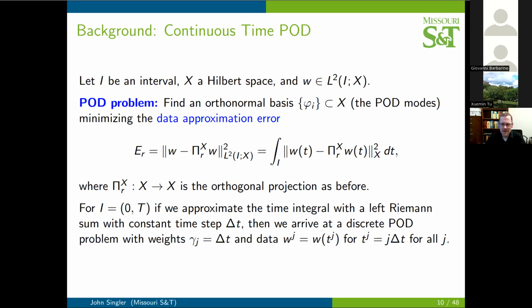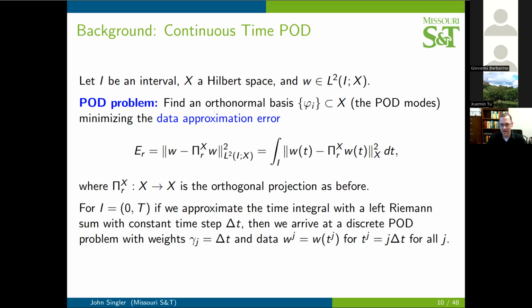Again, a Hilbert space, we want square integrable functions in time that take values in the Hilbert space. Before, we had a sum of squares error with those quadrature weights; now we have just a time integral with the norm squared. I hope you see the similarities there. Again, we have the same orthogonal projection there.